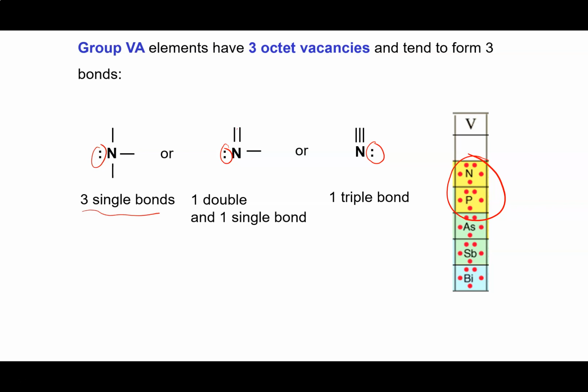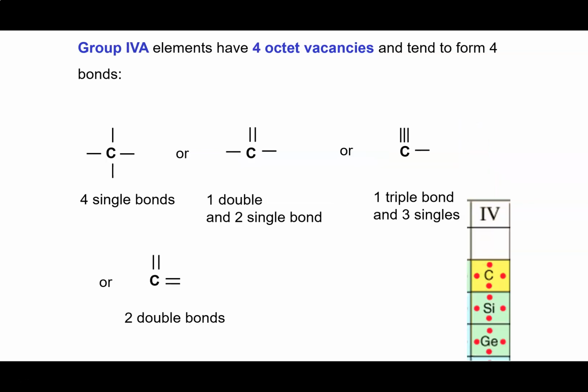So when we go to group 4A, the non-metal in there is carbon, and it has 4 octet vacancies. And so that means that it can be really versatile in its bonding. It can form 4 single bonds, it can form a double bond and 2 single bonds, it can form a triple bond and 3 single bonds, or it can form 2 double bonds. And so this is why carbon is so prevalent in biochemistry, because it's the most versatile non-metal.